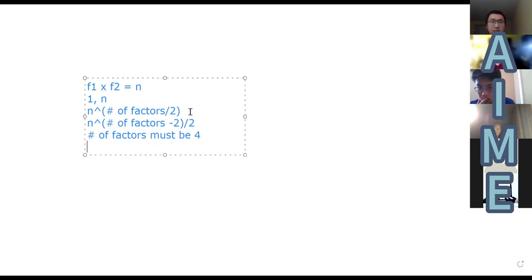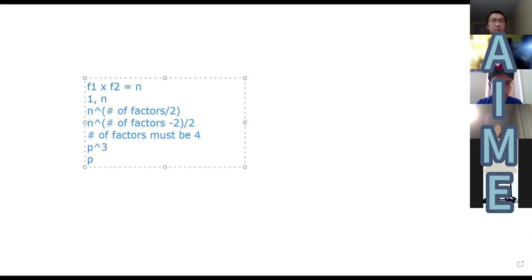There are two types of numbers which have the number of factors equal to 4: p cubed and p to the first times q to the first, assuming that p and q are primes.